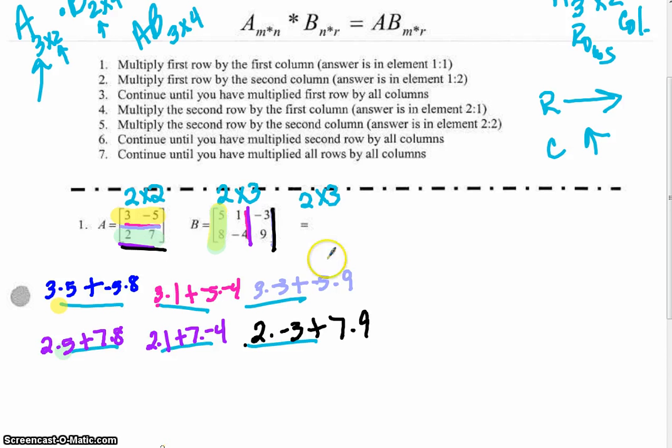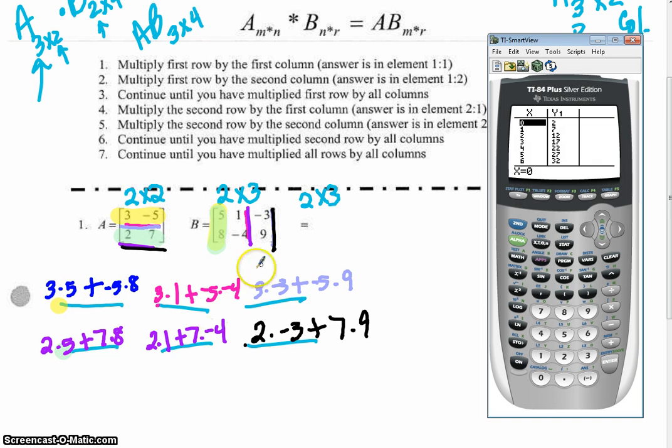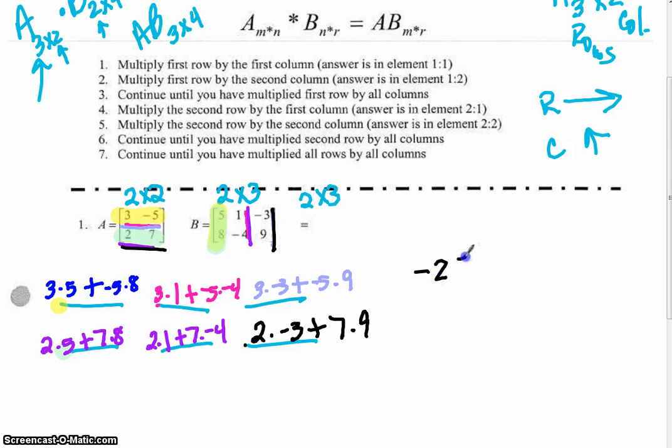It's just putting it in your calculator. Okay, so you're going to say 3 times 5 plus negative 5 times 8. And you're just going to take your calculator and do it at the home screen. So clear it out, and we've got 3 times 5 plus negative 5 times 8. When you hit enter, you get negative 25. So negative 25 goes in this spot.